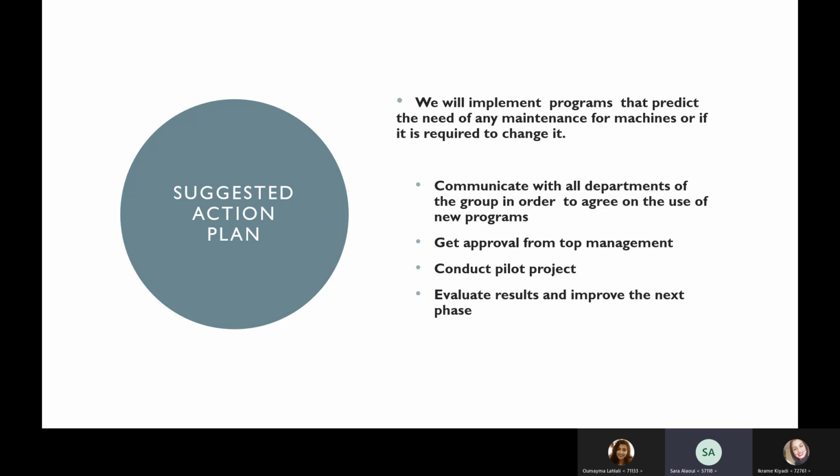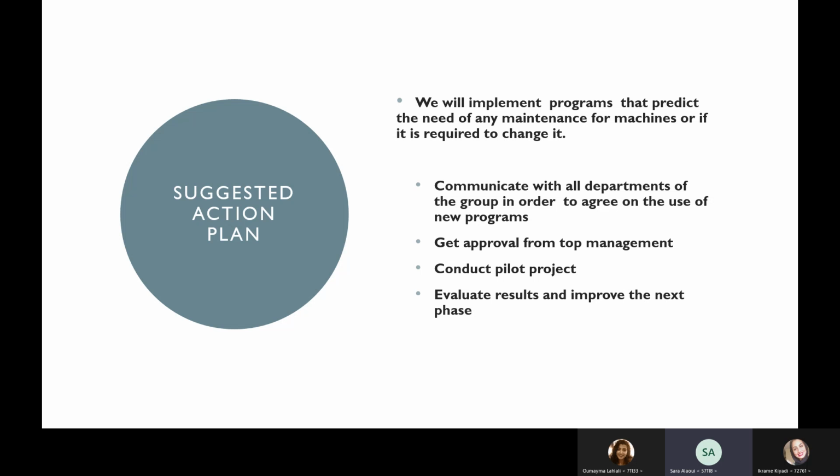So we will implement programs that predict the need for any maintenance for machines, or if it is required to change them, in order to avoid wasting time and decreasing productivity as a whole. So for the action plan, first we will communicate with all departments of the group in order to agree on the use of new programs.